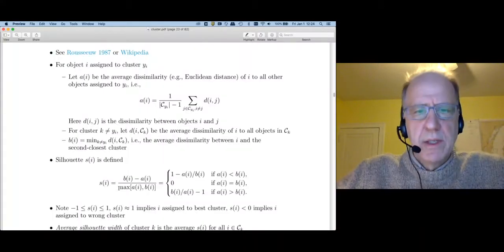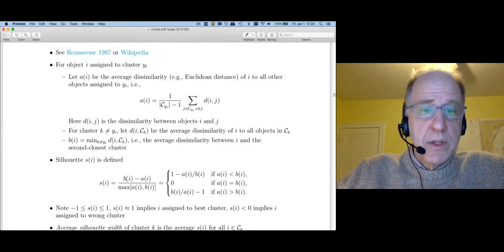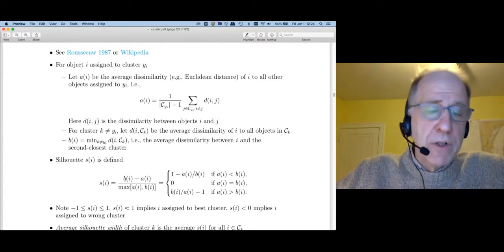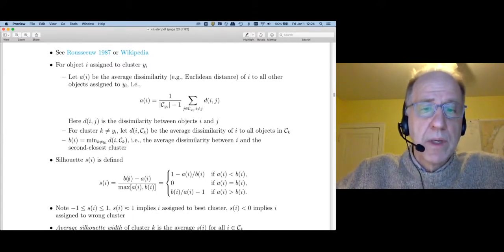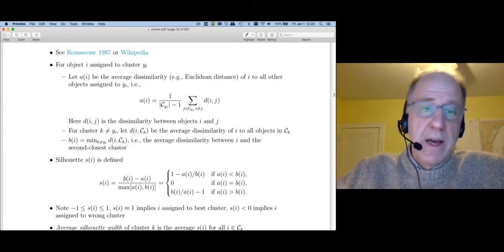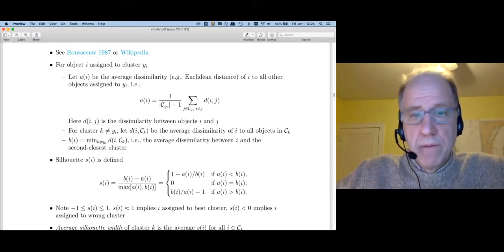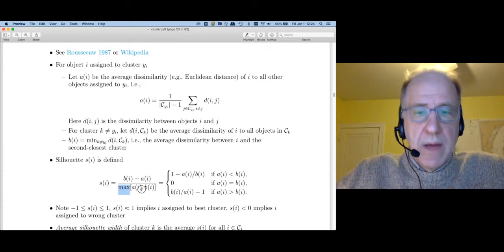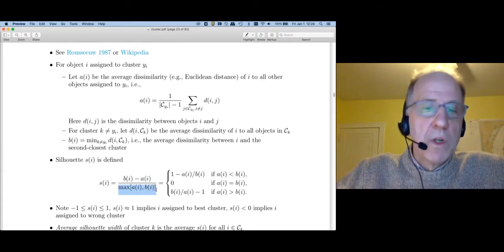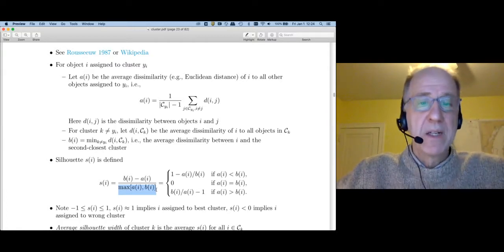So the silhouette statistic is really just the difference between the average distance between some observation and the second best cluster versus the best cluster. Then we divide by whichever is larger. So that's going to bound the statistic between +1 and -1.